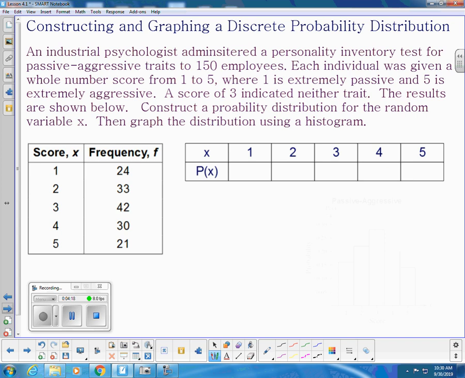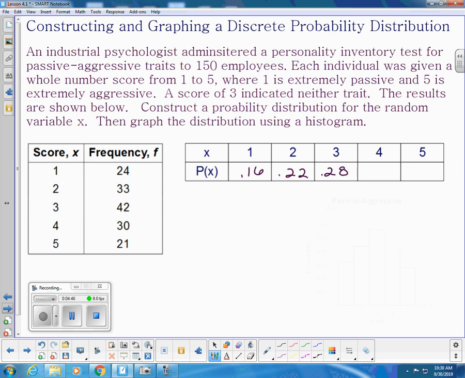So, how many people got a 1? 24 out of how many total? 150. So I'm going to divide 24 by 150. I get 0.16. And then 2 is 33 out of 150. Those who got a 3 is 42 out of 150.